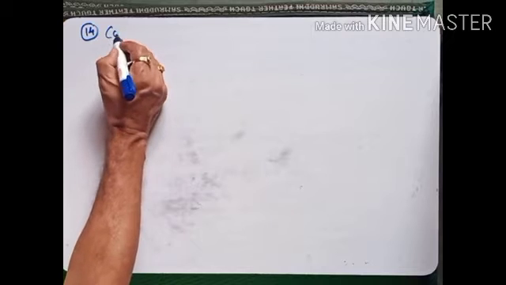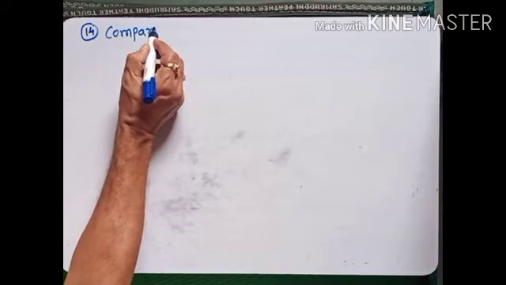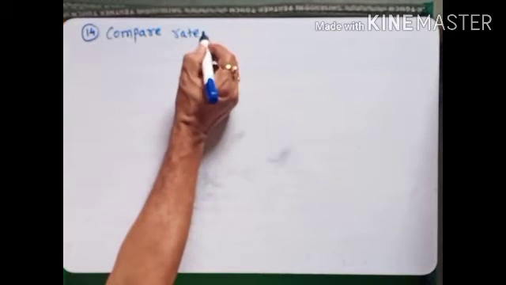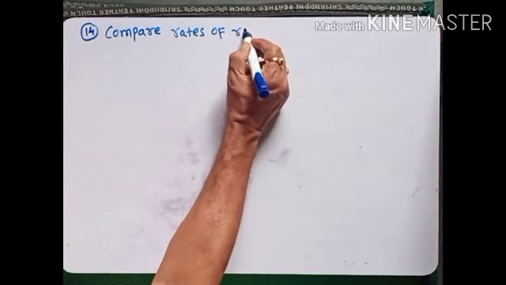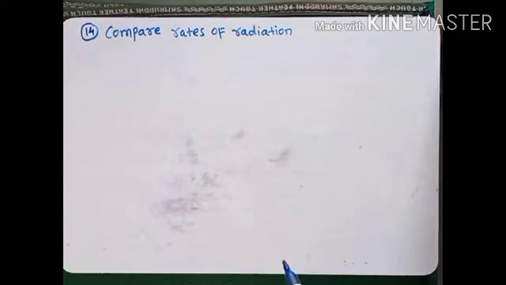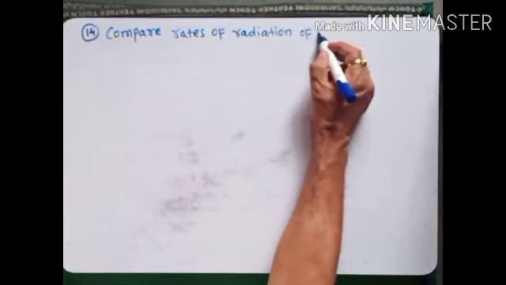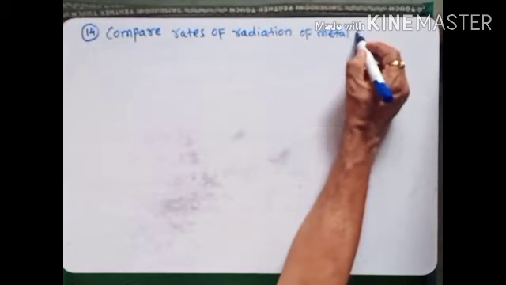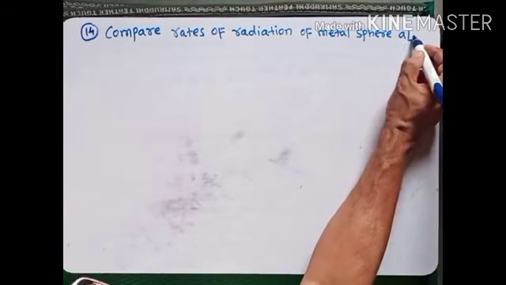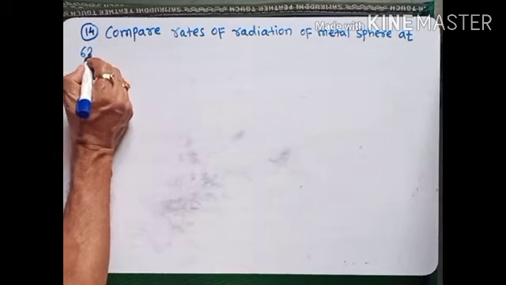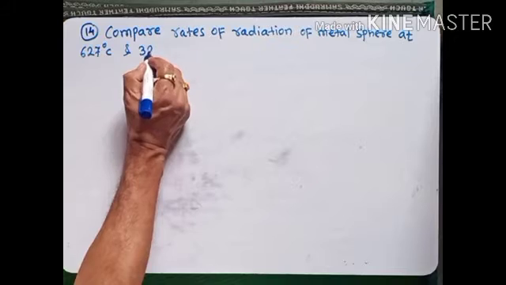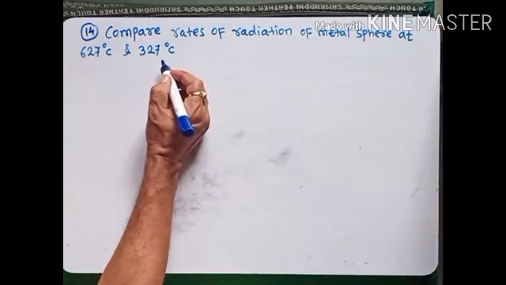Compare rates of radiation of a metal sphere at 627 degrees centigrade and 327 degrees centigrade.